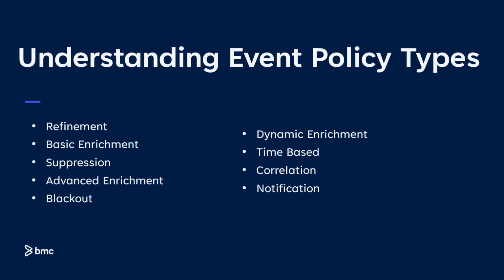Correlation. As its name says, you can correlate and combine events into only one more meaningful event. Notification. This policy works for emailing or creating incidents for operators or higher management about some events.